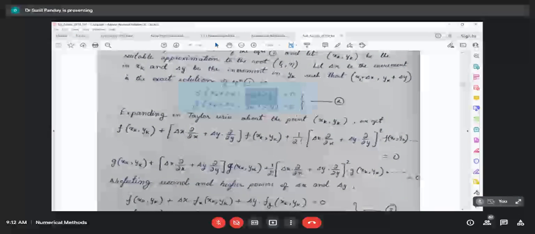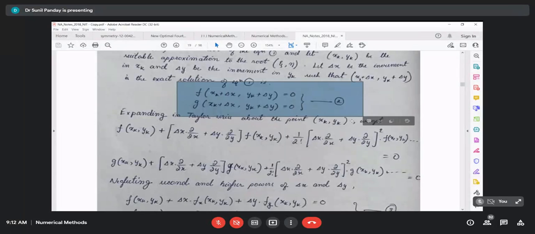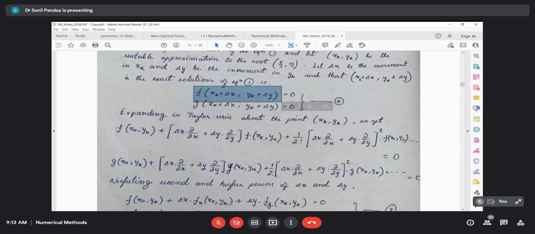Now we use the Taylor series expansion. We expand the first function, which is a function of two variables, using Taylor series expansion about the point xk, yk in two dimensions.